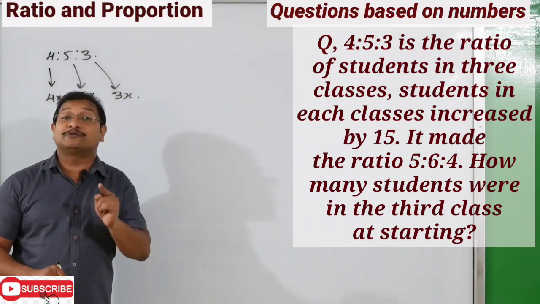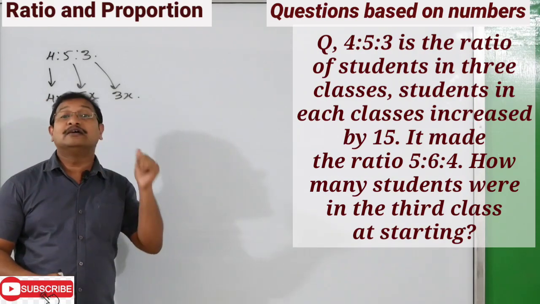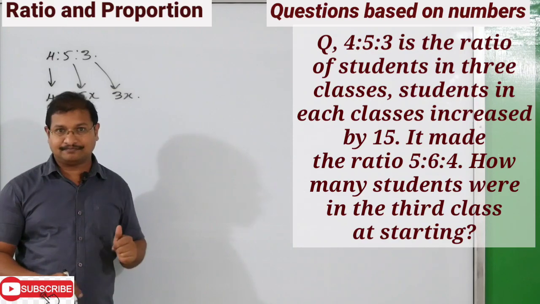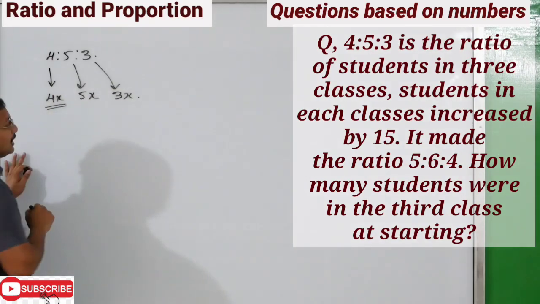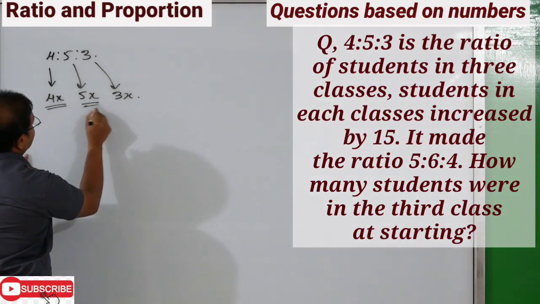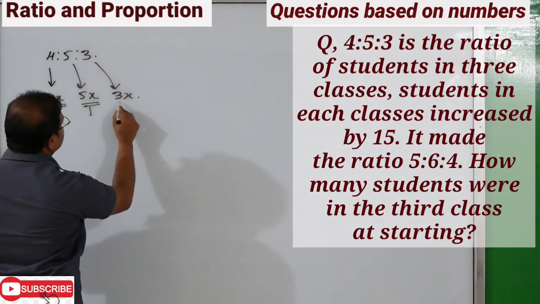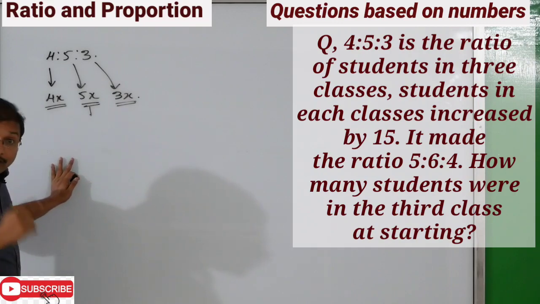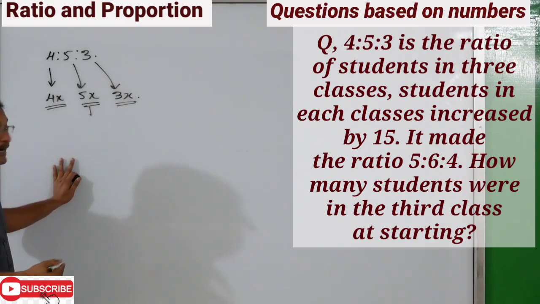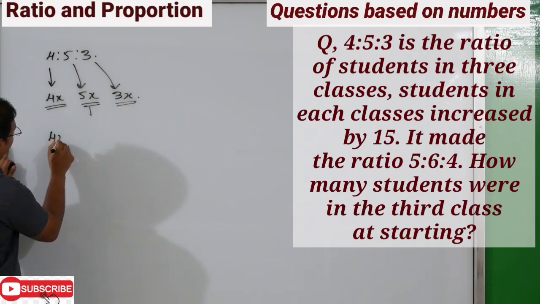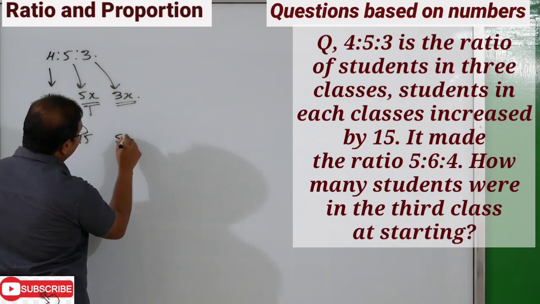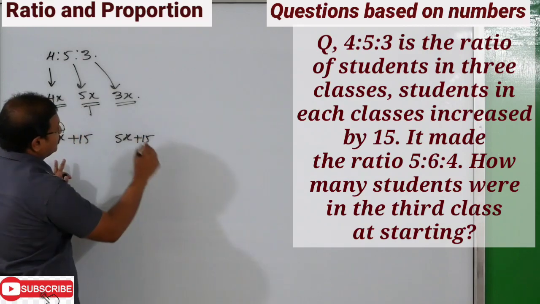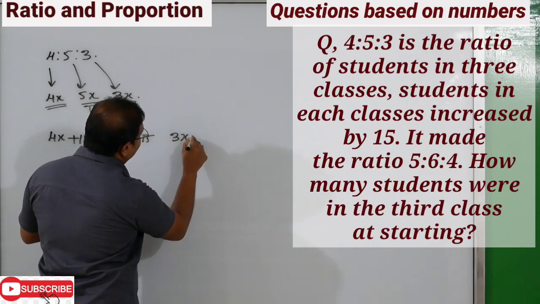Got it? So please make sure that you are watching the previous videos, otherwise you won't catch up with me. Ready? Okay. So 4x is the first class student's number, 5x is the second class student's number, 3x is the third class student's number. Now what happened? 15 is added to each class. That means 4x plus 15, the second class 5x plus 15, and the third class 3x plus 15.